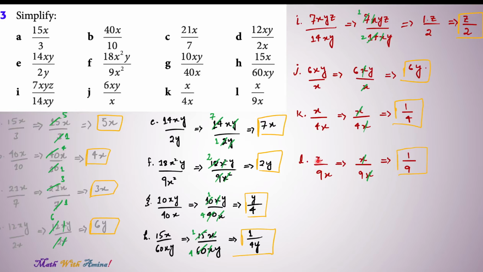So again, there is 1 over 9. The numbers cannot be simplified further, so they will remain as they are. The next value we look at for simplification is the variables in the fraction. Here x is in the numerator and in the denominator both, so they will get cancelled. We will get 1 over 9 as the final simplified answer for this fraction.